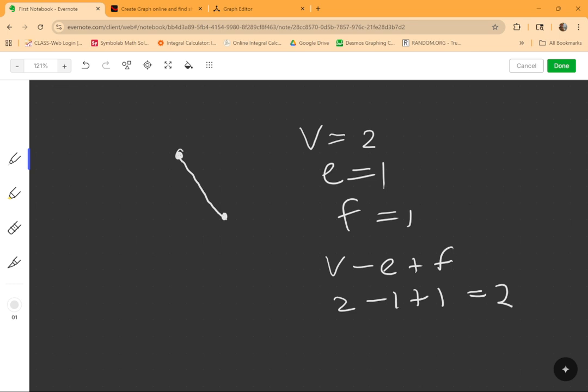Now if I start building onto this graph, I could add a vertex here and then stray across here.